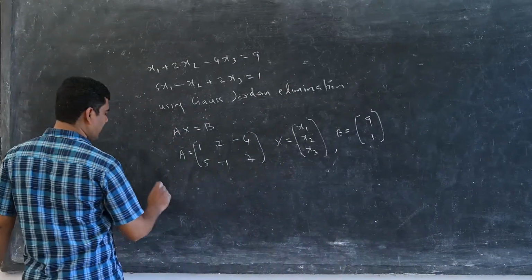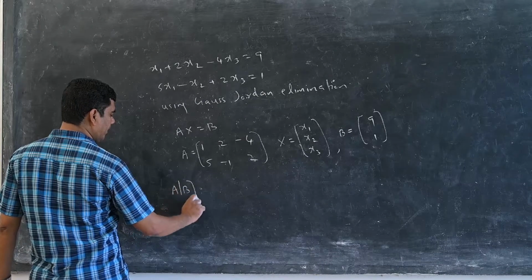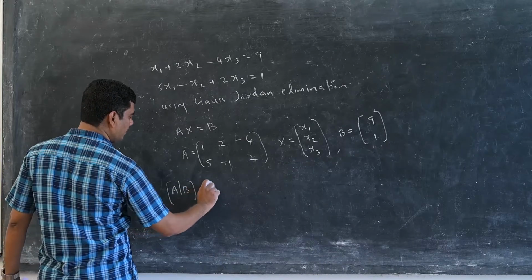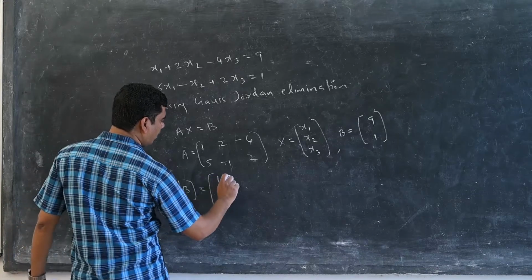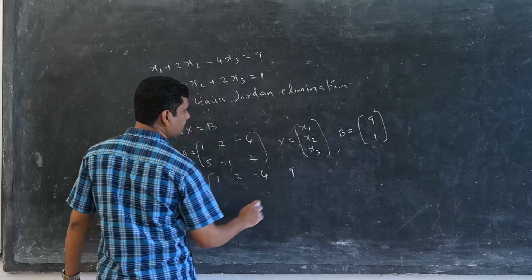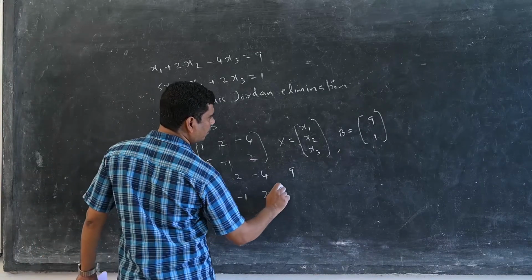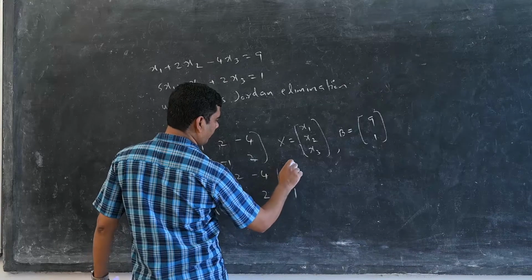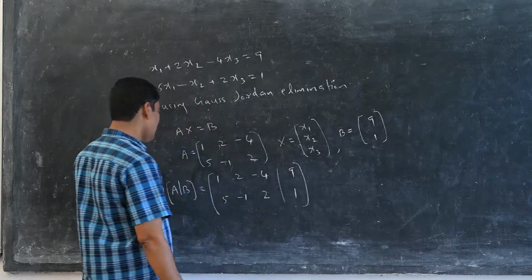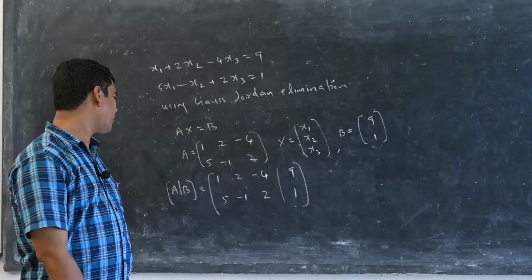Now the augmented matrix AB is equal to 1, 2, minus 4, 9, 5, minus 1, 2, 1. Place the constant matrix B to the right of the coefficient matrix A.